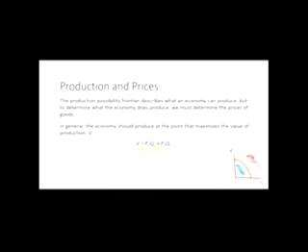Keeping its value constant, we may write it in terms of quantity of cloth or quantity of food. Taking food to the left-hand side and V to the right-hand side, we have our new equation as PF into QF equals V minus PC into QC.